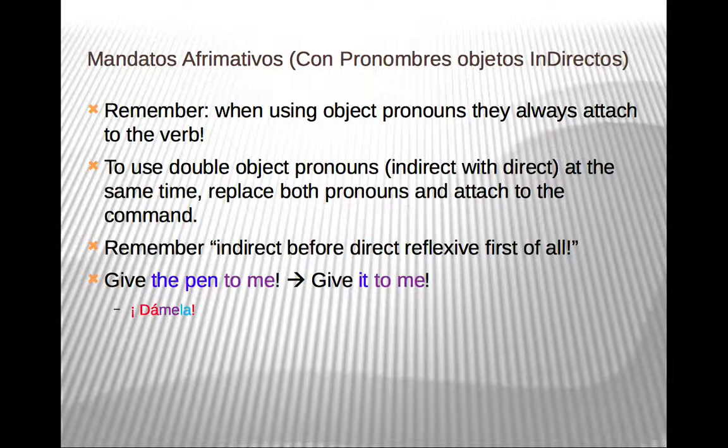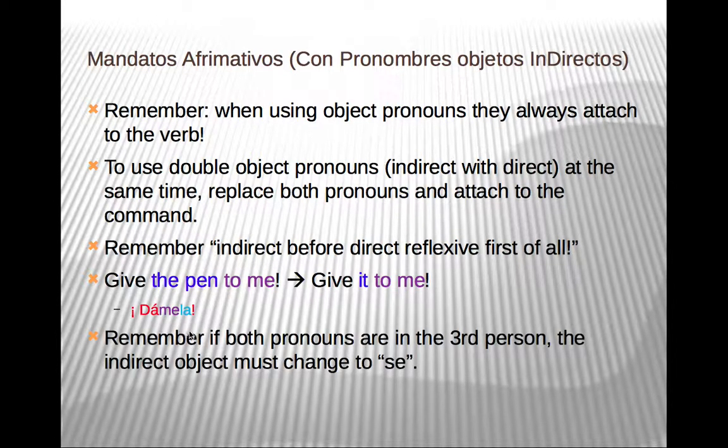Oh, that should be dark blue. I apologize. Should match the pen. Okay, there's your direct object. The me is the indirect. Give it to me. Indirect before direct. We do not have a reflexive pronoun here, so we don't have to worry about that. But damela is give it to me.